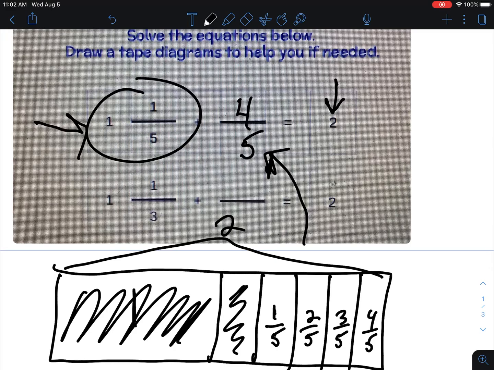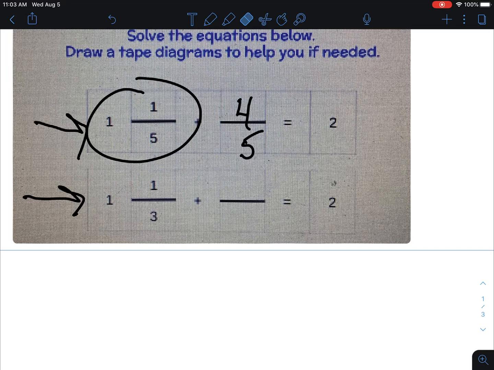So 1 and 1/5 plus 4/5 will get you to 2. All right, so I'll leave that there as an example, but I want you on your paper with pencil or your whiteboard, whatever you want to use, to solve that bottom one. 1 and 1/3 plus what will get you to 2?